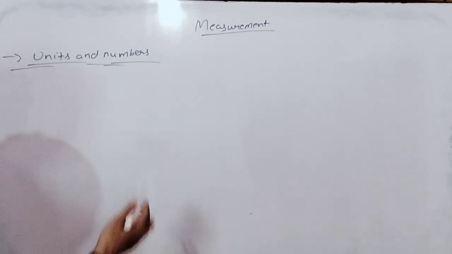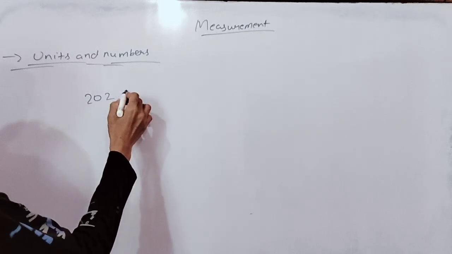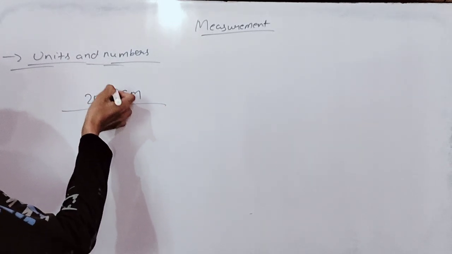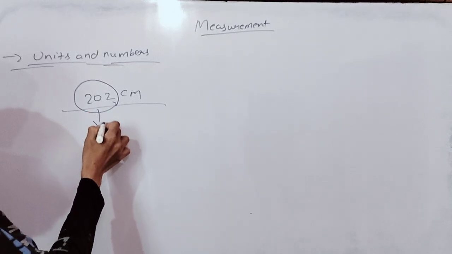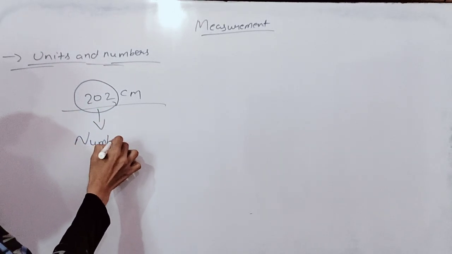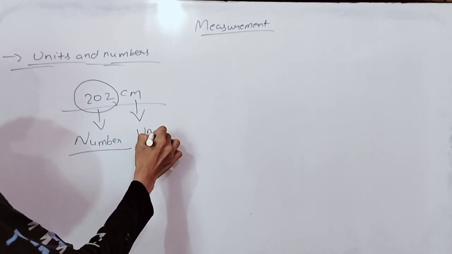For example, 202 centimeter. Clear? Here you are familiar with this number. It is a number, as you know. And what about this? As you know, it is a unit.